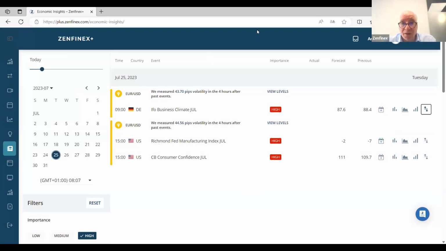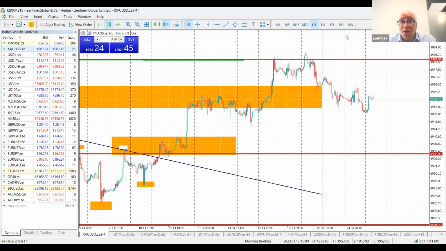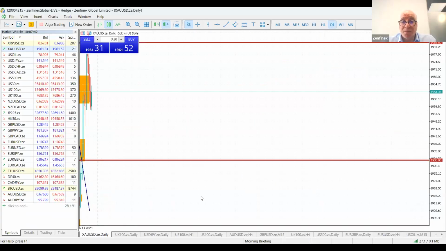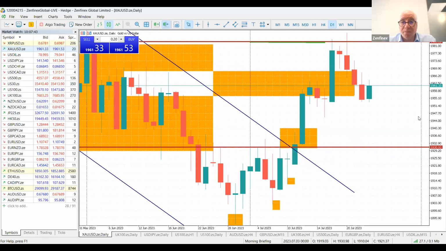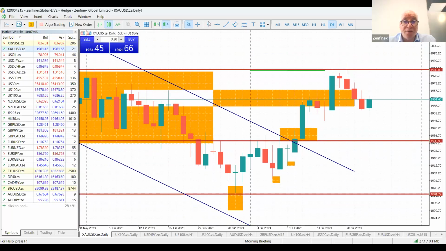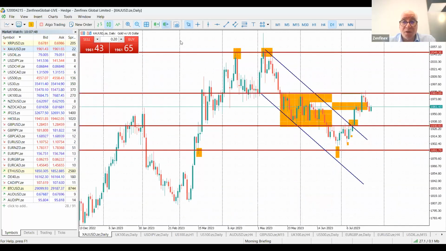So let's go back to the charts for a second and do a top-down approach on gold. Let's go to the higher time frames first. I'm going to get rid of everything first, and we'll replot these and see if we can find some levels.